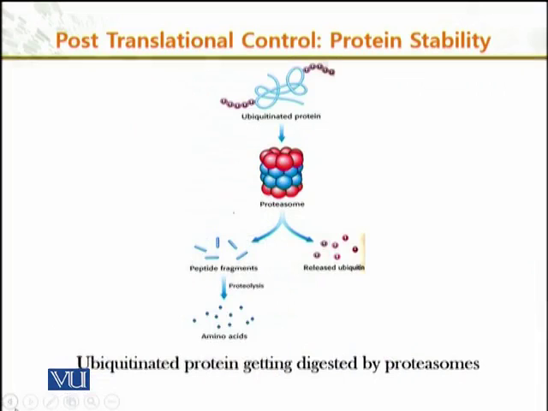And in this case, you can see that there is ubiquitin and the proteasomes. The protein is dragged inside with the ubiquitin and is degraded into the constituent amino acids, or further degradation takes place.